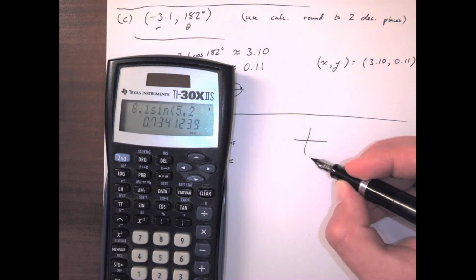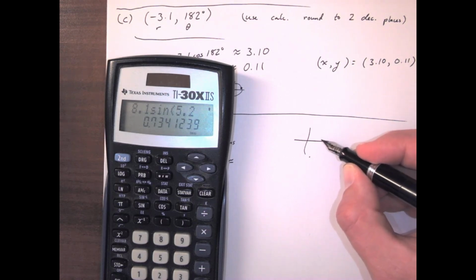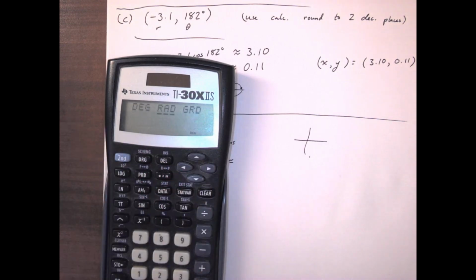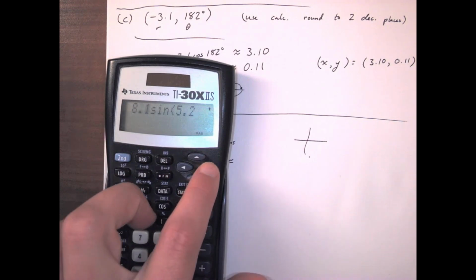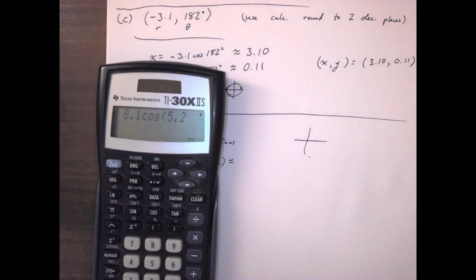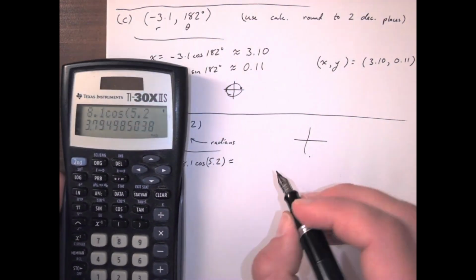I know that it's just a little bit more than 1.5 pi, which is 3 pi over 2. And so there's no way it's going to be up here like that. That's crazy. What went wrong? My calculator was not in the correct mode.